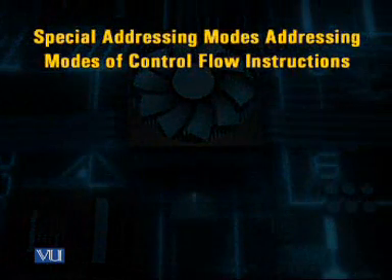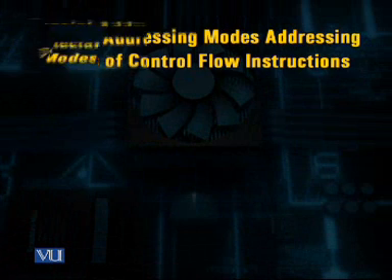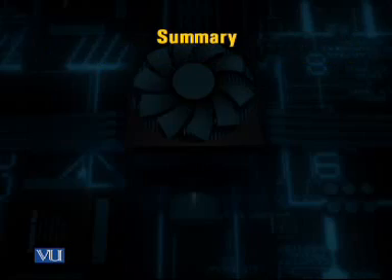Now, with this much introduction about different types of instructions and different control instructions, I will give a brief summary of what we have talked about today. First of all, we discussed what are the three basic pillars of computer architecture. These pillars are the hardware, software, and the instruction set.